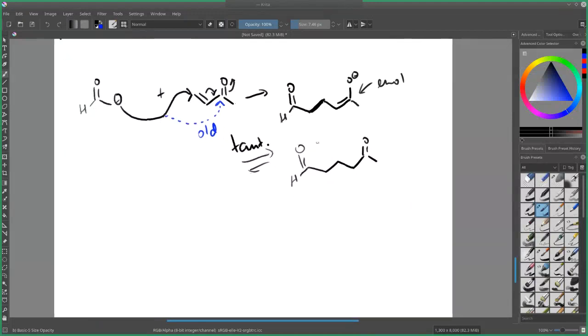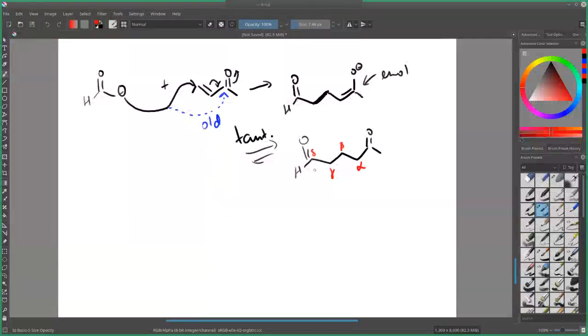Okay. And if you want to count carbons, then from here we have alpha, beta, gamma, and now we have delta. Okay. So if you want to make delta ketones, then this is the way to do it.